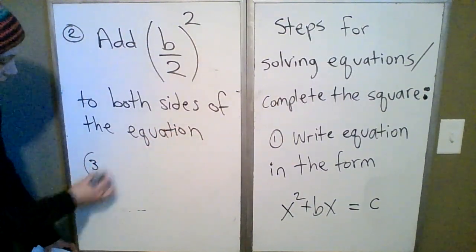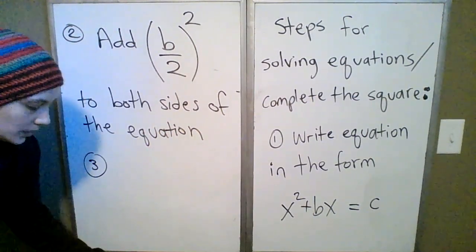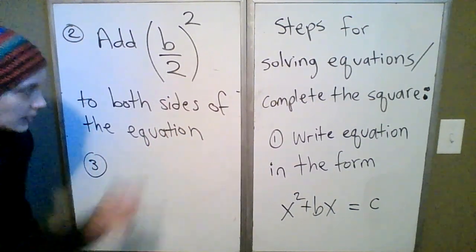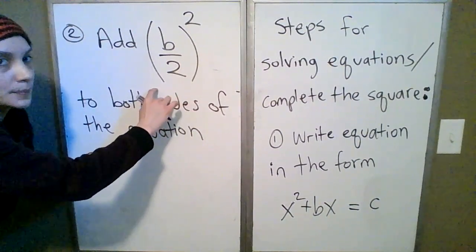Okay. On the left side, you'll have x squared plus bx plus b over 2 squared, this number that you just added. And on that part, you can complete the square.